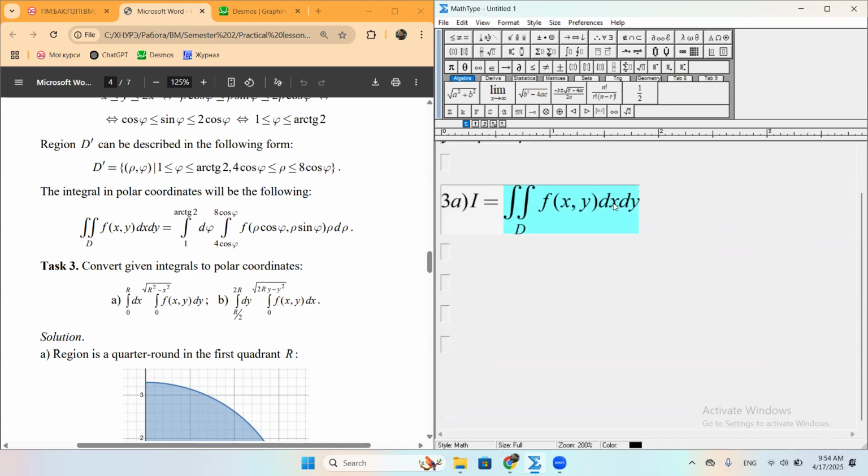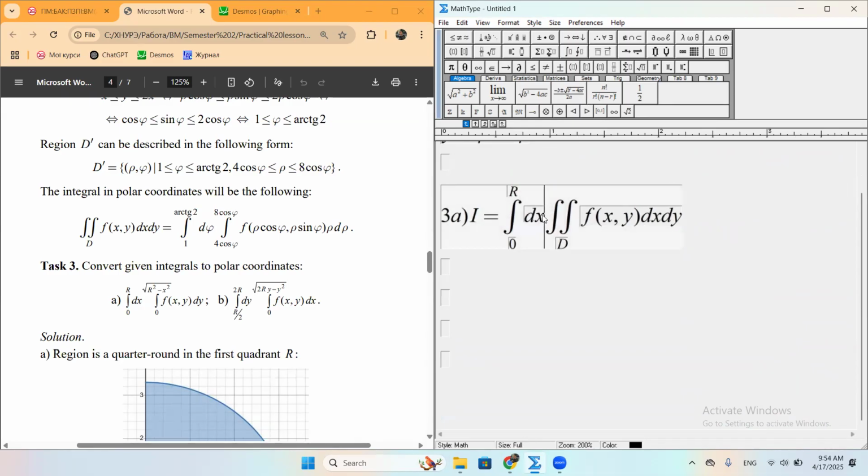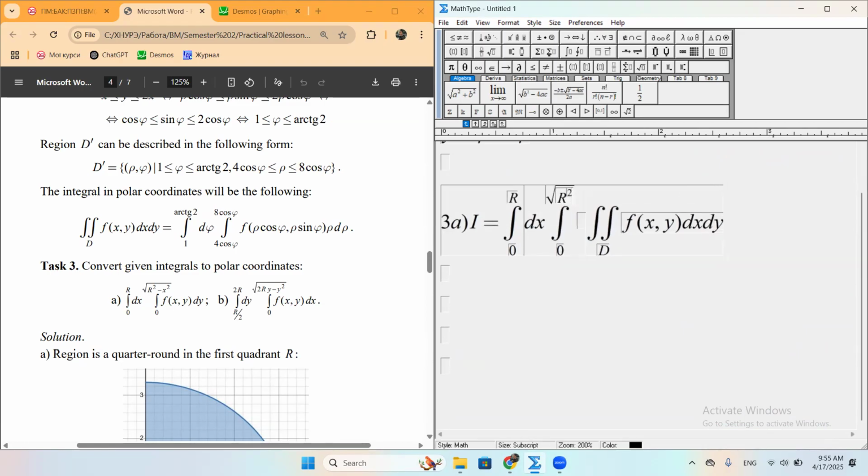The following integral: x goes from 0 to r, and y changes from 0 to square root of r square minus x square. So the following integrand.